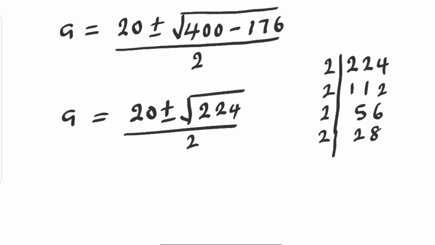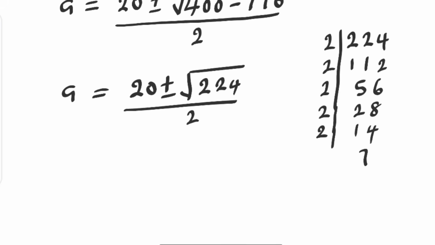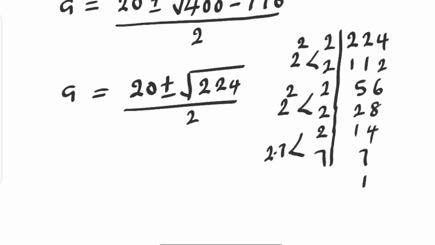Then 2 here, we have 1 and then 4. Here 2 in 14, 7. 7 in 7, 1. So here we have 2 square, then this is 2 square, and 2 multiplied by 7.